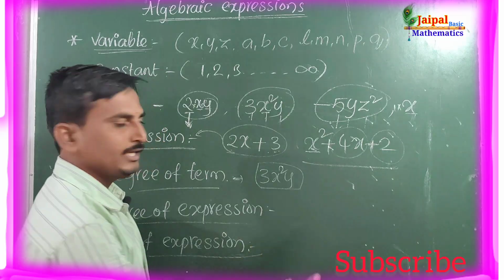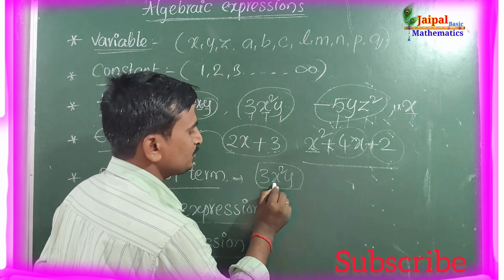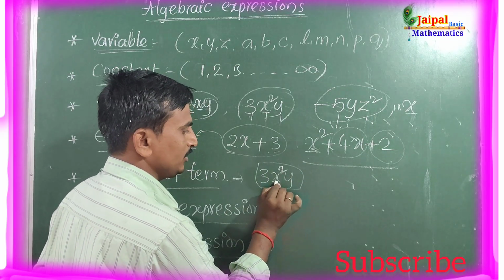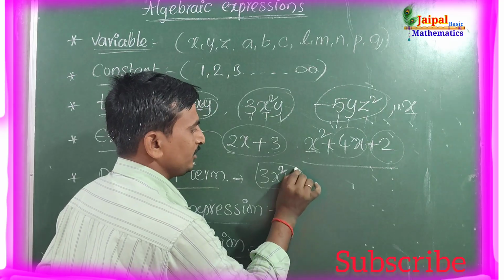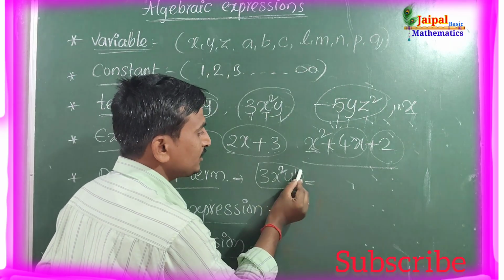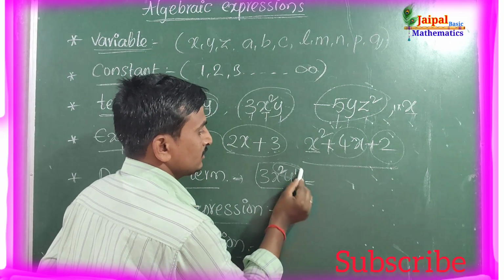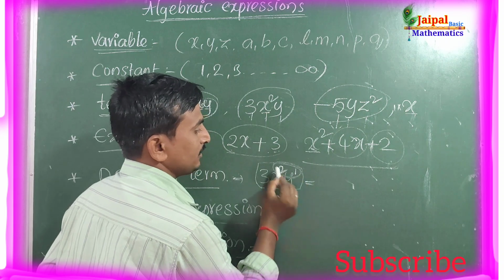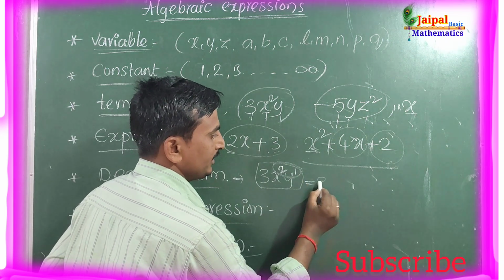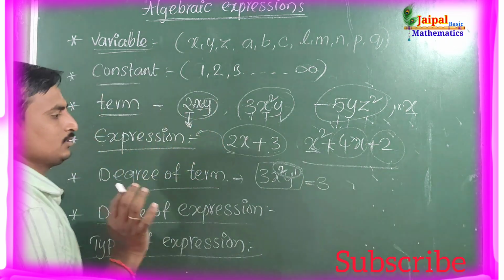Here the power of x is 2 and the power of y is 1. The sum of these two exponents is the degree of the term.